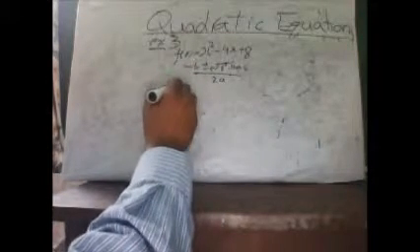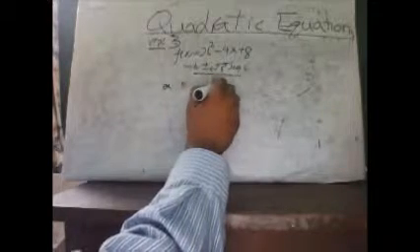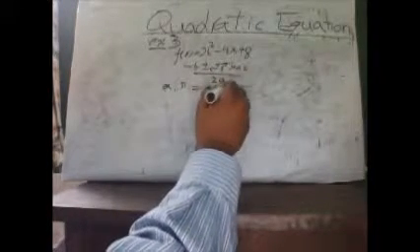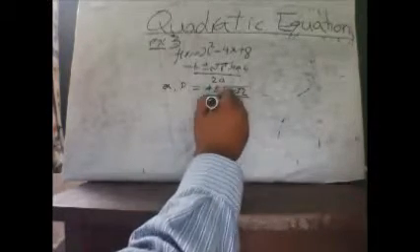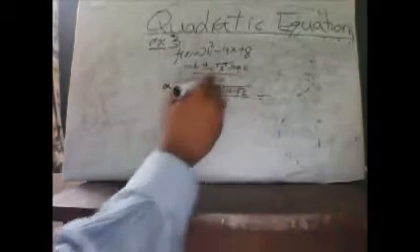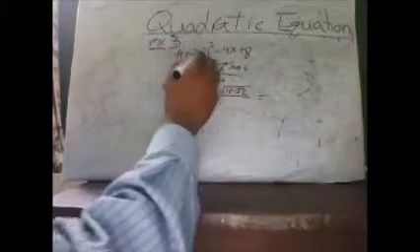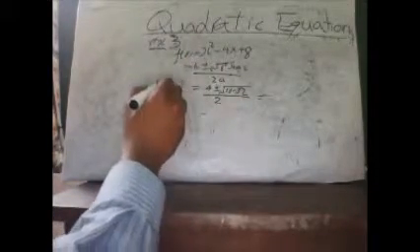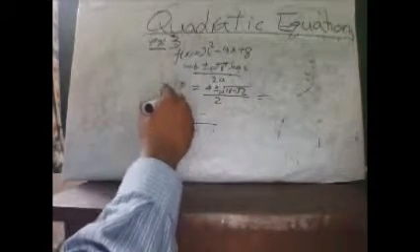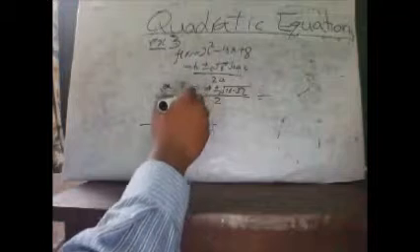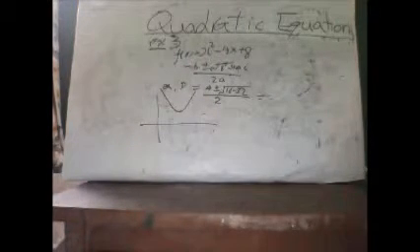So its alpha and beta would be minus b plus minus square root of b square minus 4ac upon 2a. That means its roots are imaginary, and since the coefficient of x square is 1, the parabola would be of this shape, and it would never touch the x-axis and has no real roots. So that was all about quadratic equations.